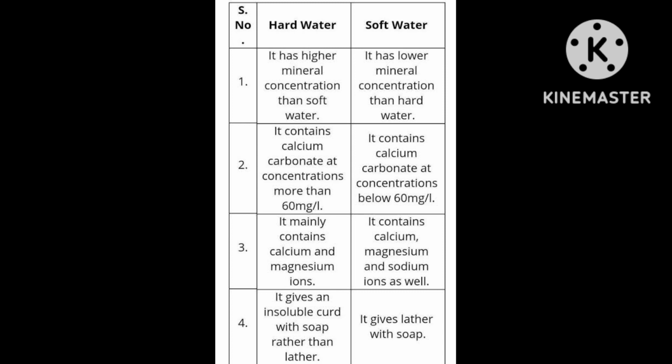Now the third type, that is hydrogen bonded water. I told you that copper sulfate 5H2O is blue in color. Solid copper sulfate, if you dissolve it in water, gives a blue colored solution.